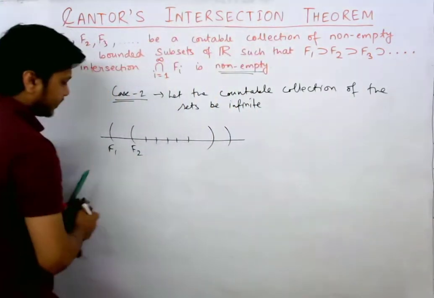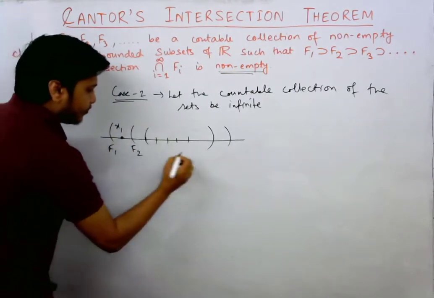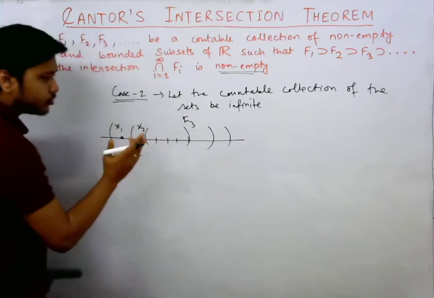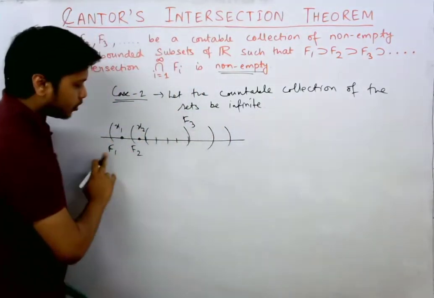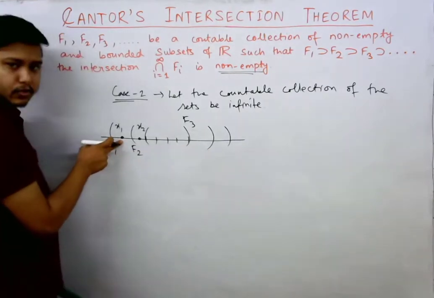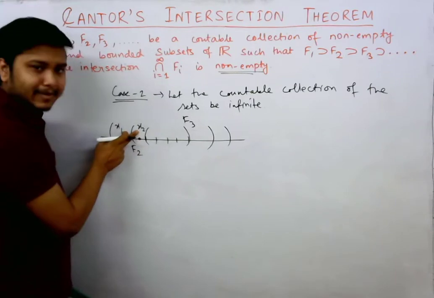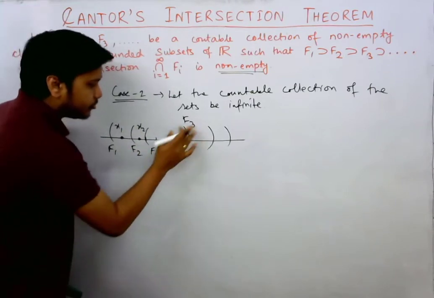Let's say that there is some element x1 over here, there is some element x2 over here, just so that we can maintain that Fk minus Fk plus 1 is non-empty. In order to maintain that, I am taking an element x1 which belongs to F1 but does not belong to F2. I am taking the element x2 which belongs to F2 but does not belong to F3 and so on.